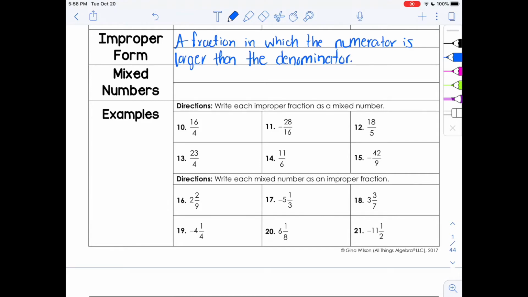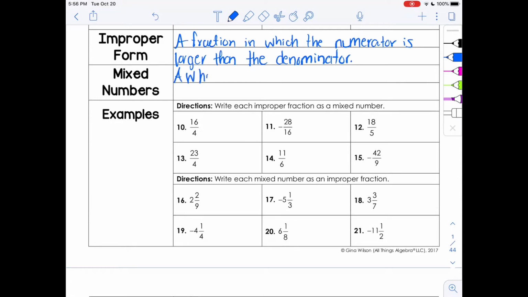And we talk about improper fractions and mixed numbers together because an improper fraction can be written as a mixed number and vice versa. A mixed number can be written as an improper fraction. A mixed number is a number paired with a proper fraction.